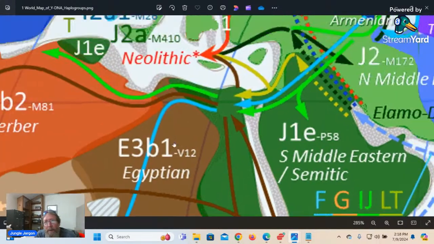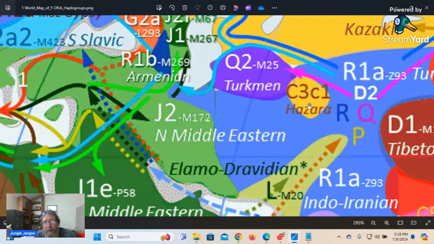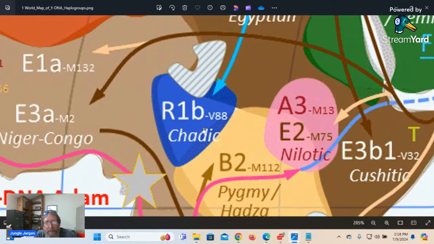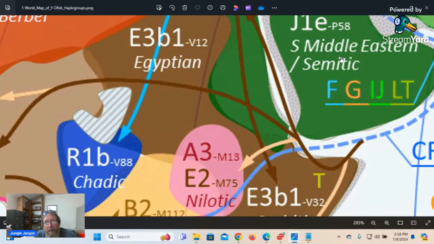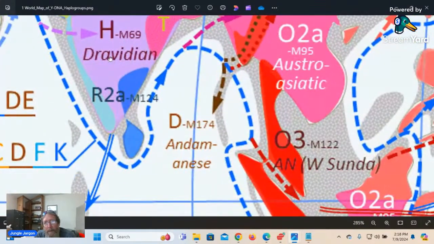Because remember, C is the descendant of Nimrod, who is descended from Cush. So the Cush can't be E, because C doesn't branch off from E. The D haplogroup does branch off from E, because the D is a Canaanite lineage.